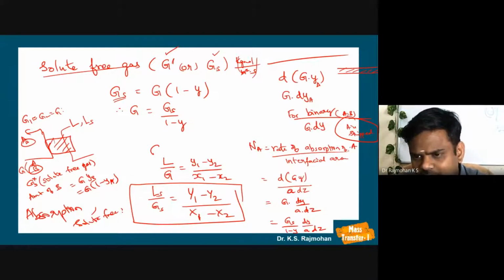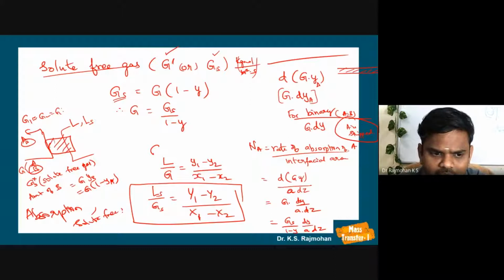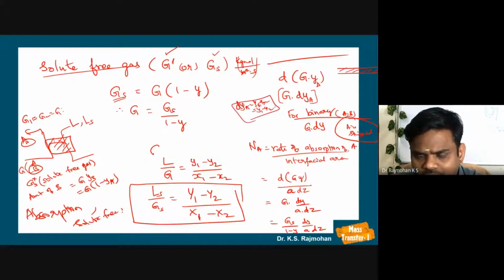It is the rate of absorption of A. What is the amount of A that is getting diffused or absorbed here? That is dyA, which is yA1 minus yA2, or simply y1 minus y2 is the dyA. That is the change in mole fraction into the amount of G. So that will give us the rate of absorption of A.